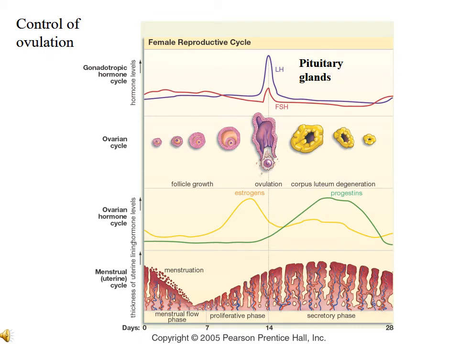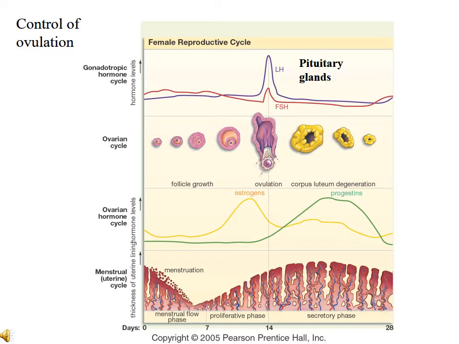Now that we know what ovulation is, let's see how ovulation works and what controls this process. If you look at ovulation, we see that ovulation takes place about day 14, which is the time when the egg is released into the fallopian tube. What controls this process?